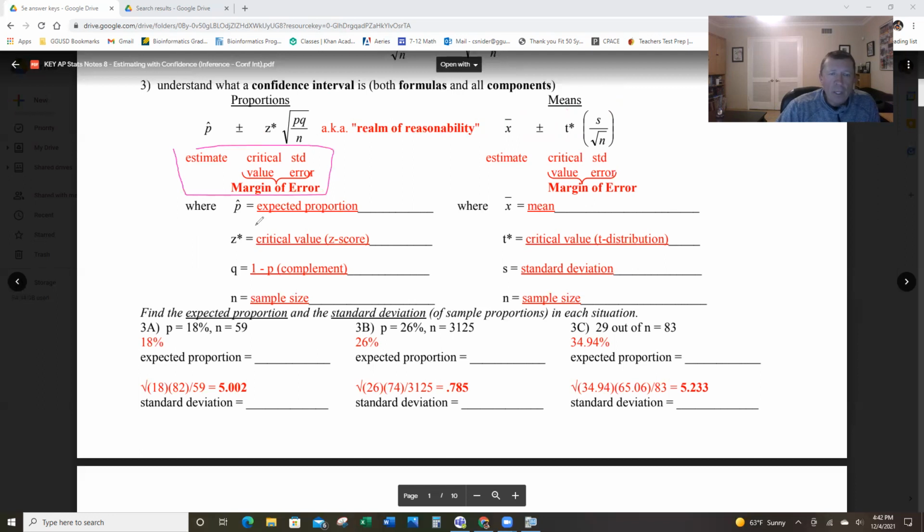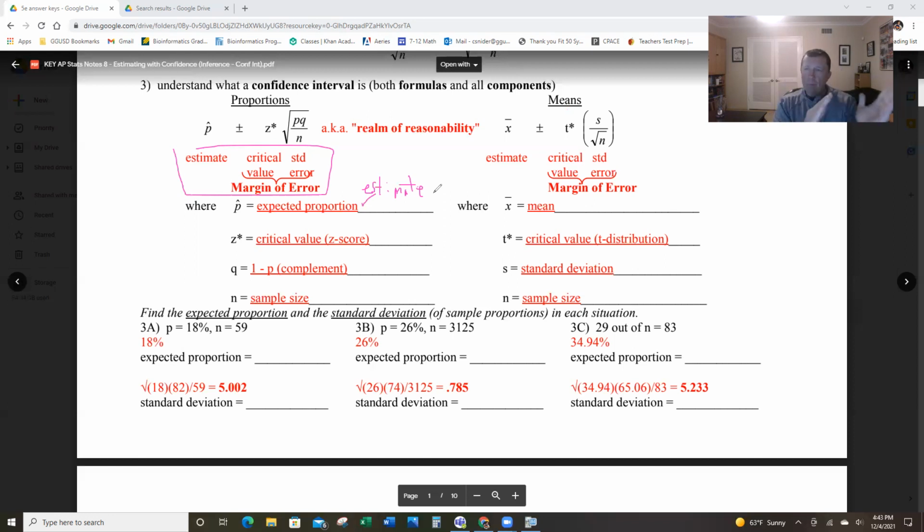So here's your menu. P hat is your estimate. In other words, you could write the word estimate. So what percentage of kids love calculus? And you poll 100 kids and 42% say they love it. That's your estimate, 42%. That's the center point.